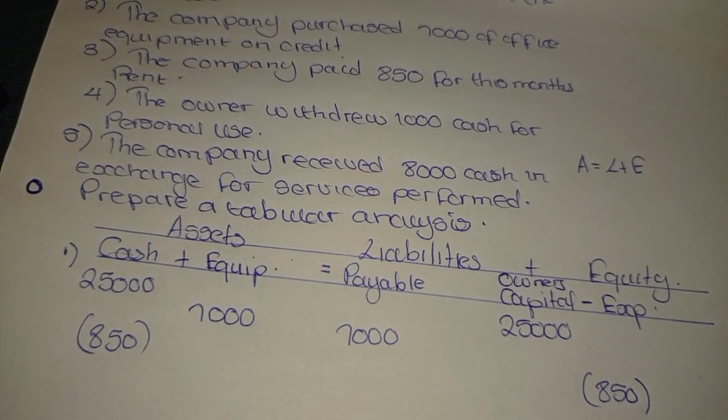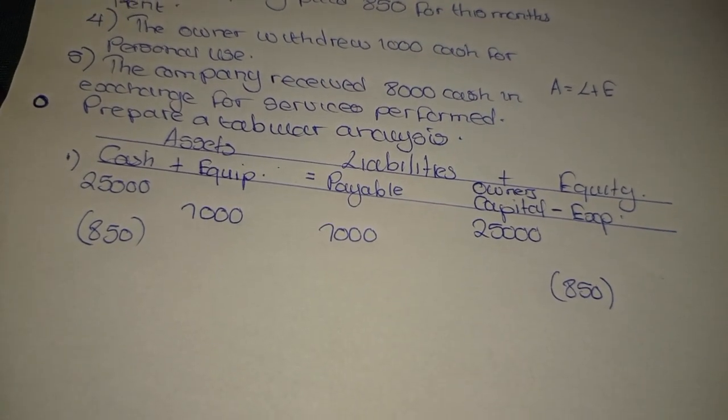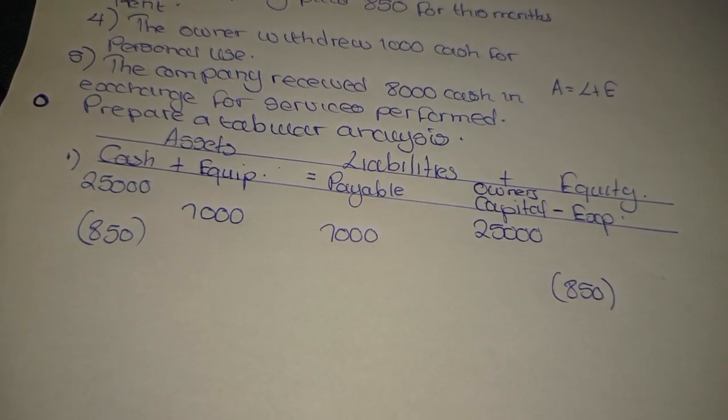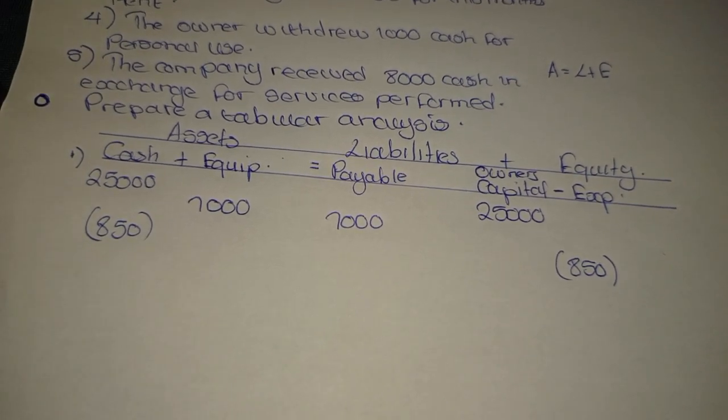Then we have the fourth transaction, which reads the owner withdrew 1,000 cash for personal use. So when you withdraw cash from the business, remember you are affecting the cash account and the drawings account.